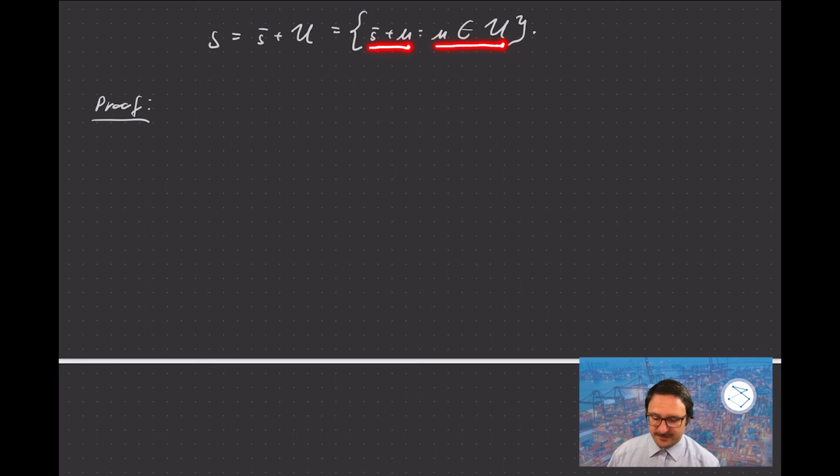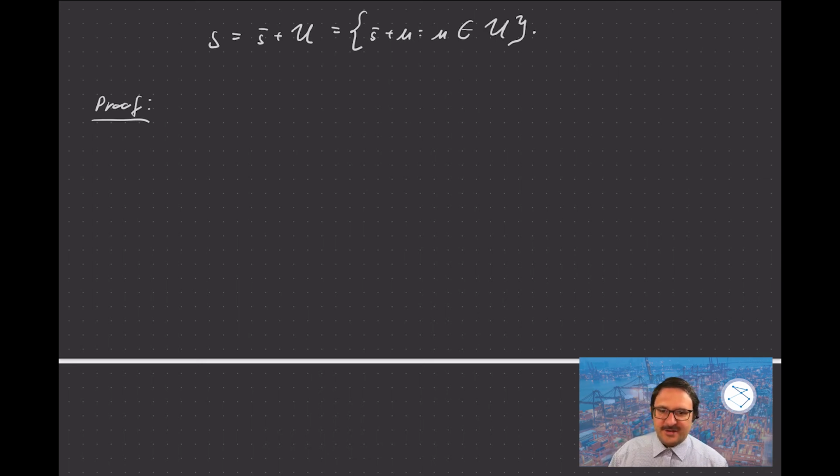That's the first outcome. The second one is if you take an arbitrary solution of the inhomogeneous case, then it always has this form. So there is always a u in U, such that you can write your solution in that way. And we need to prove both parts of this equation, of course.